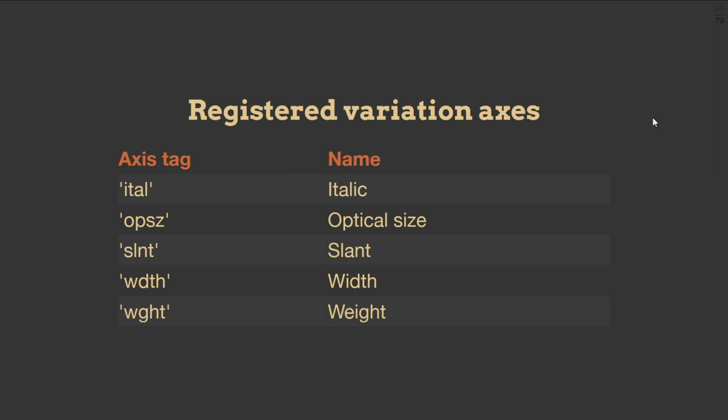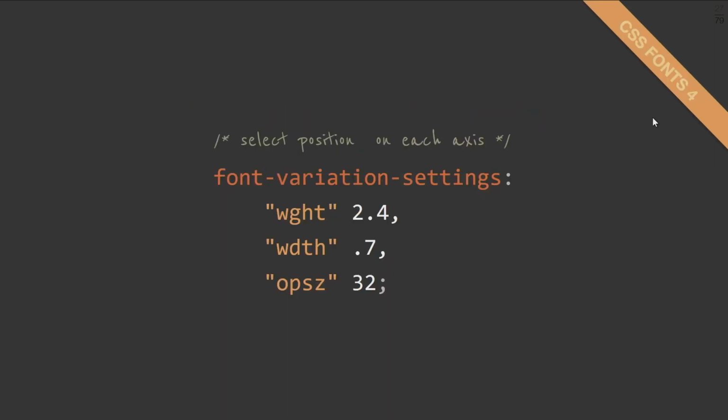One of the things with metal type is that you would actually have a somewhat different design for the big ones and for the medium ones and the small ones. The small ones would be somewhat simplified, so they would hold up better. They would have less variation between the thick and thin strokes to aid legibility at small sizes. So OpenType variable fonts also allow you to have optical sizing.